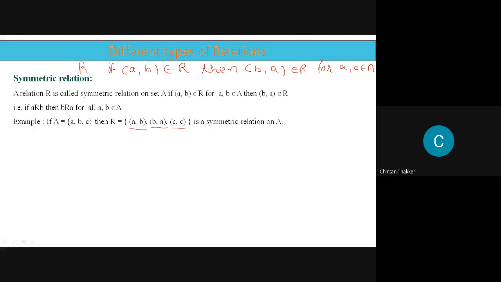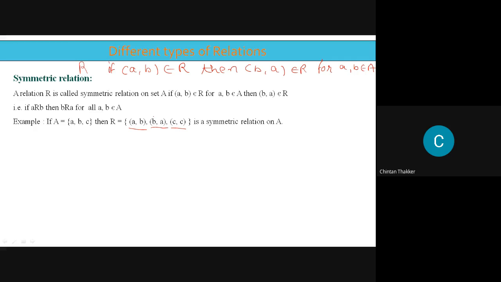The reverse pair of (c, c) is again (c, c), so it is in R. So the reverse pair of every pair in R belongs to R. Therefore, here R is called a symmetric relation.